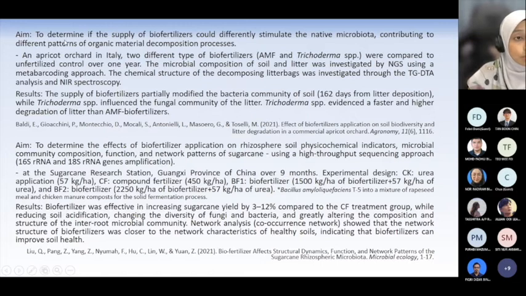This paper aimed to determine if the supply of biofertilizers could differently stimulate the native microbiota, contributing to different patterns of organic material decomposition process. It was conducted in an apricot orchard in Italy, where two different types of biofertilizers, arbuscular mycorrhizal fungi and Trichoderma, were compared to an unfertilized control over 1 year.